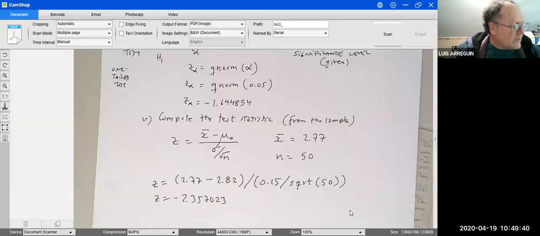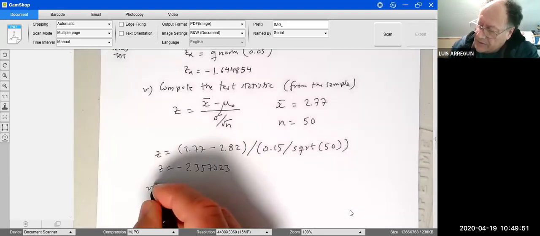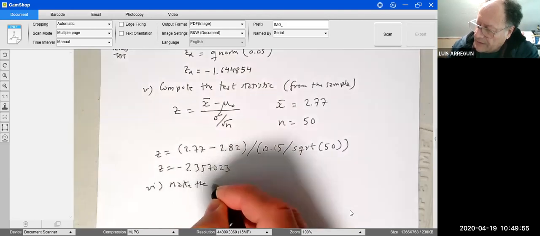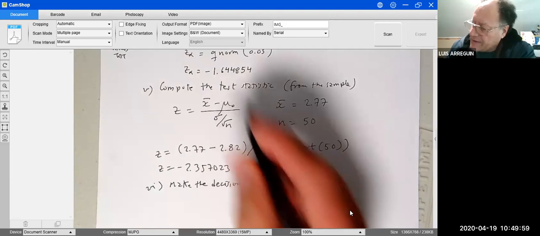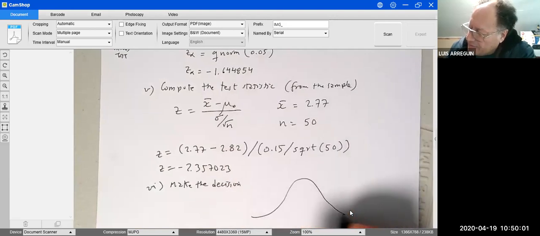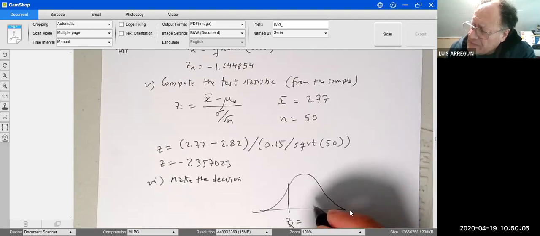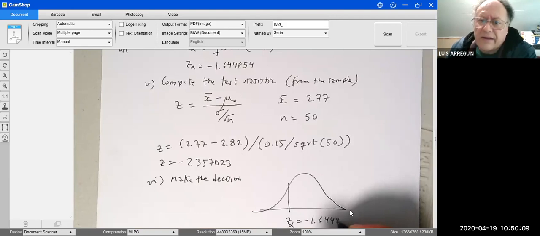So let's go back to our notes. So now it's time for us to do the decision. We're gonna make a decision now. To make a decision, we're gonna use the statistic that we found, and we're gonna use the critical value. So we have a left tail test. So our critical value is the threshold, negative 1.64488.